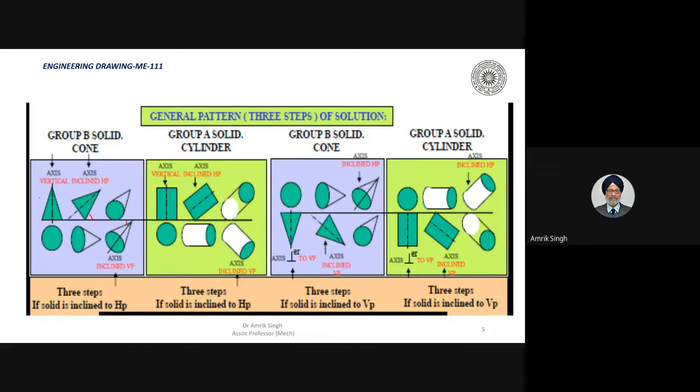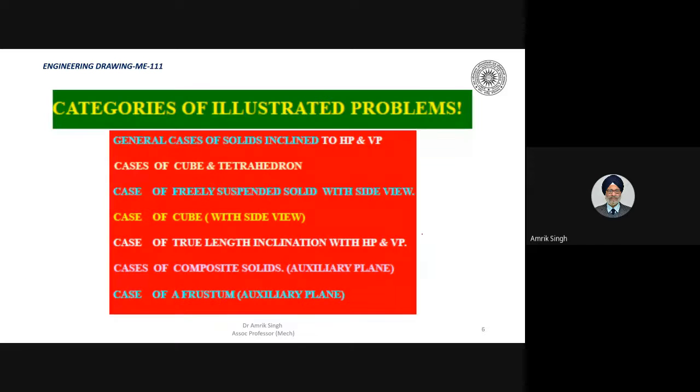And in the second case, we will draw the inclination here because it is inclined with VP, and we will make this. And similarly for the case of the cylinder. So the solution procedure is exactly the same as we have learned in the case of projection of planes. Okay. So now we will go further.